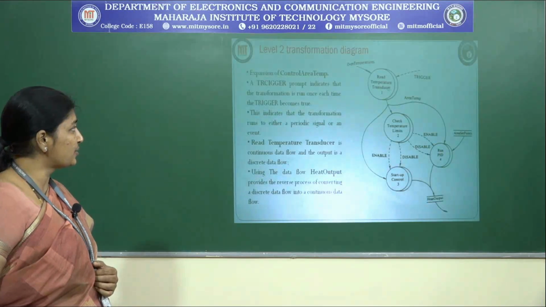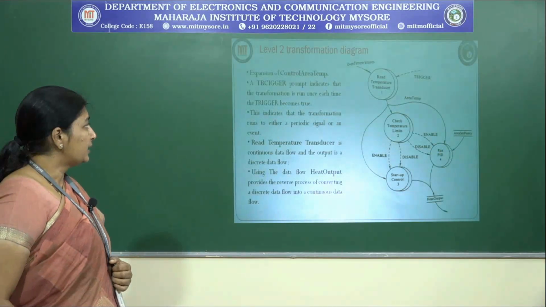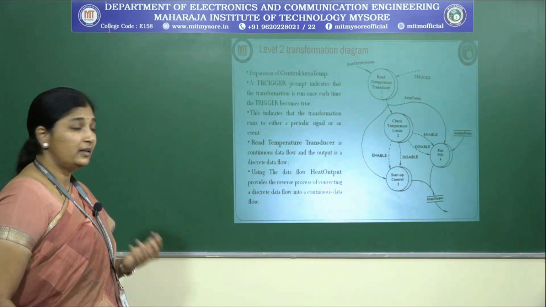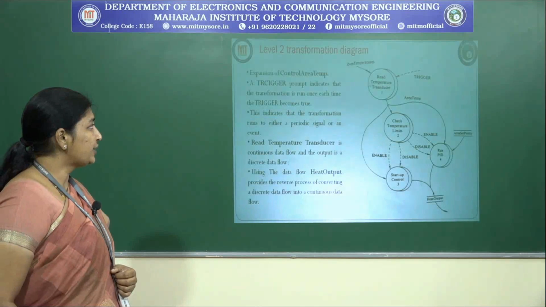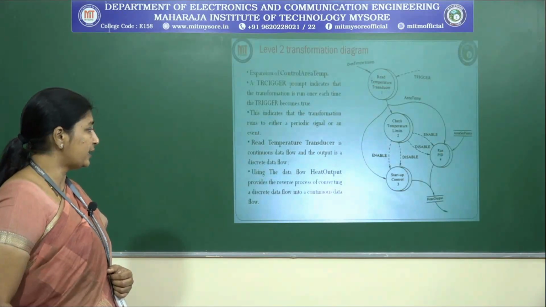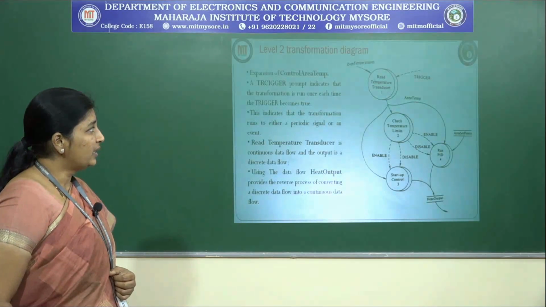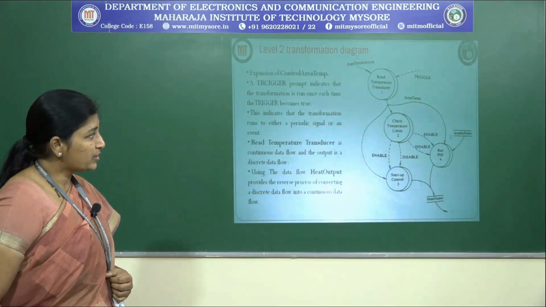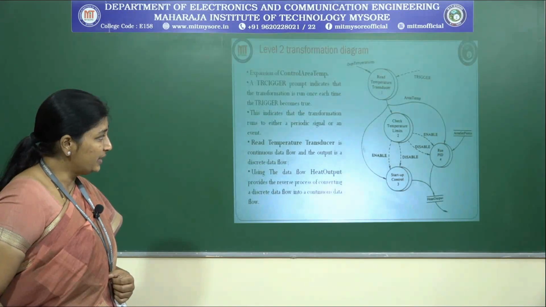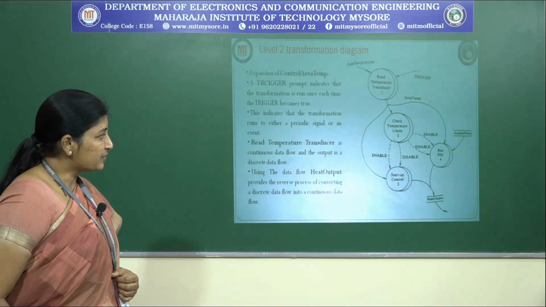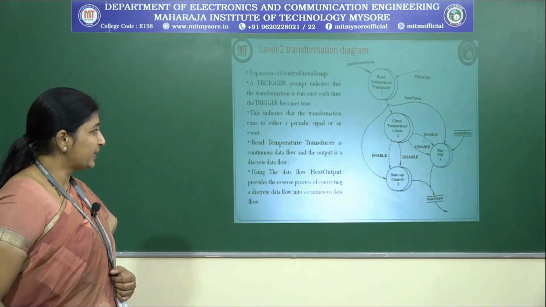So in this transducer, this indicates the transformation runs either periodically or as an event. The read temperature transducer has a continuous data flow and the output is a discrete data flow. It is a continuous data flow because it is a continuous line, and the output of this will be discrete, correct?